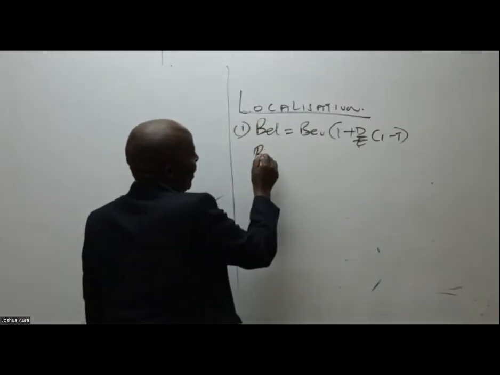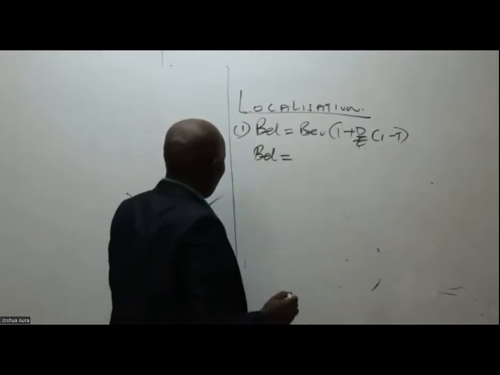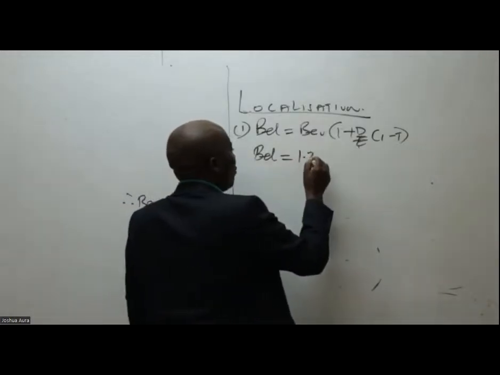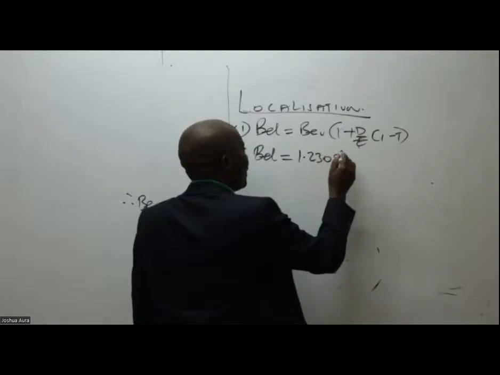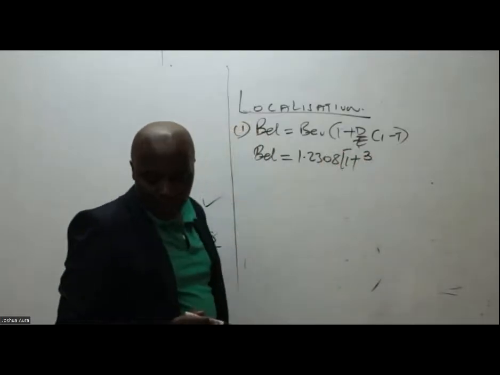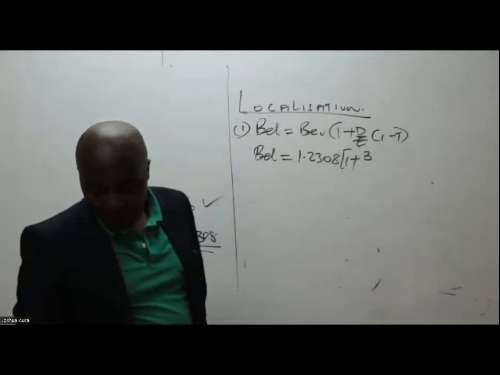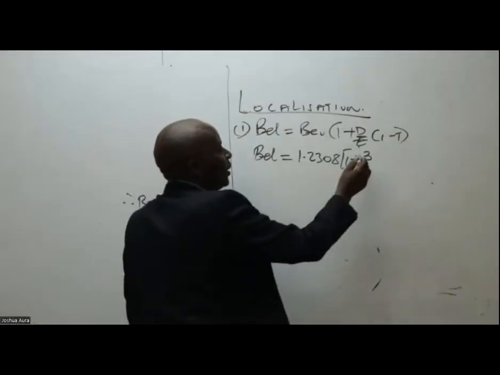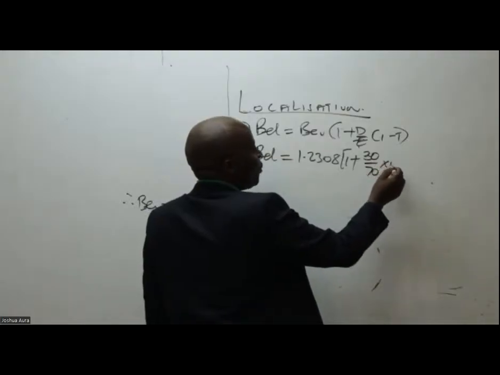So my BEL localization here will be equal to BEU that I have here, 1.2308 into 1 plus debt is 30, debt in Roman 1 is 30 debt, 70 equity, and then 0.7.